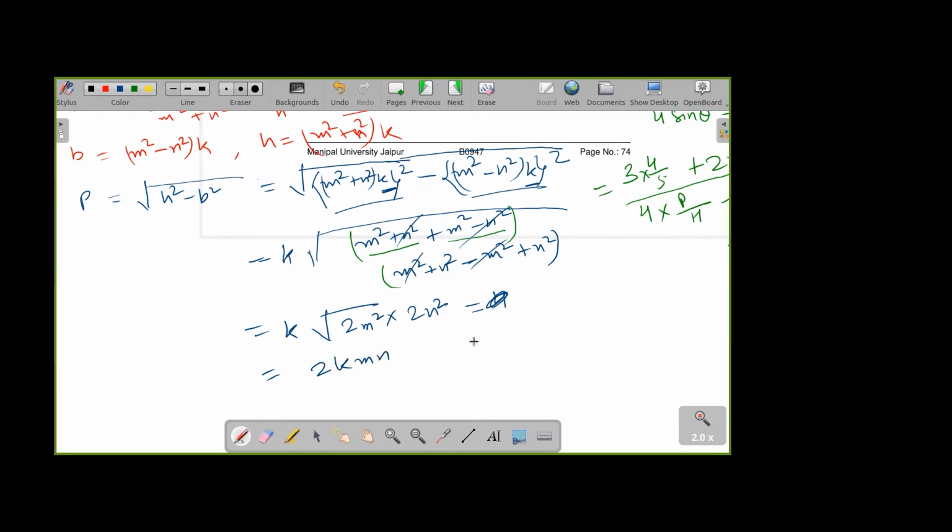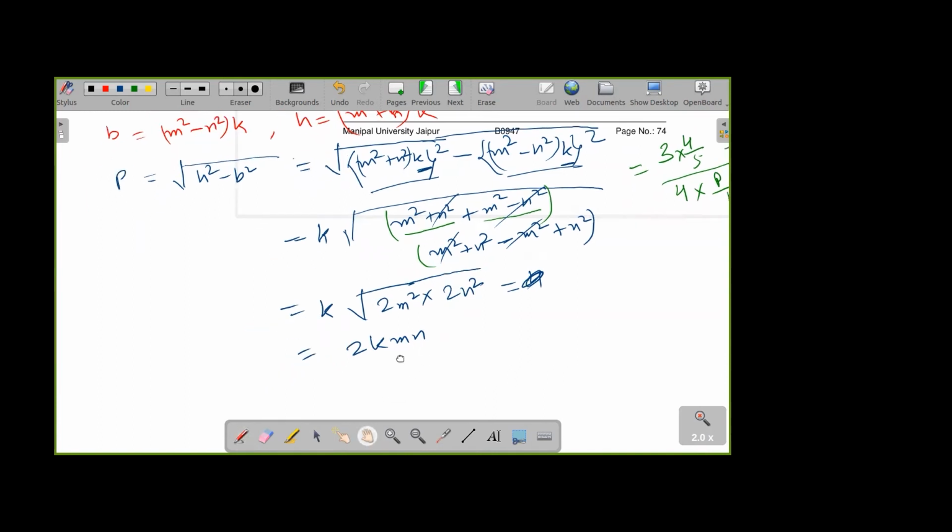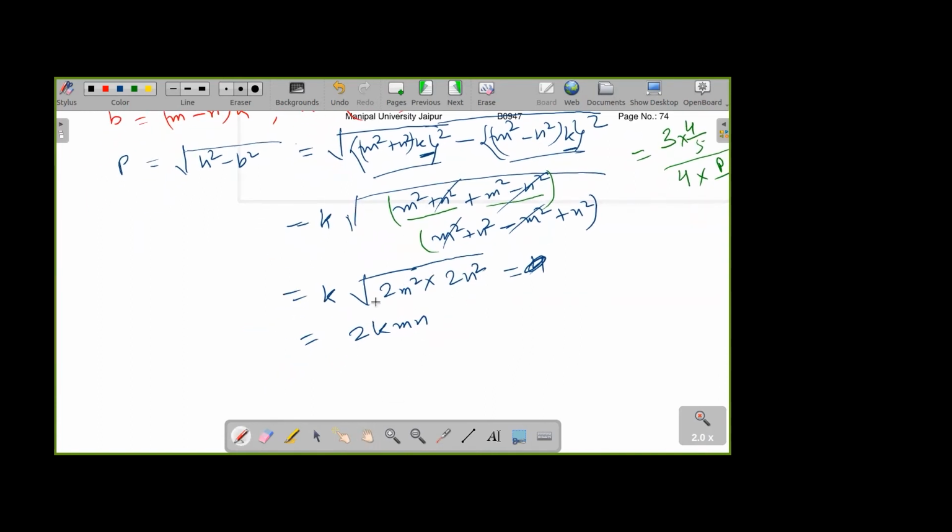Is it correct? Okay, so 2 comes out of the root, and m square and n square both become mn. So we have found out p.